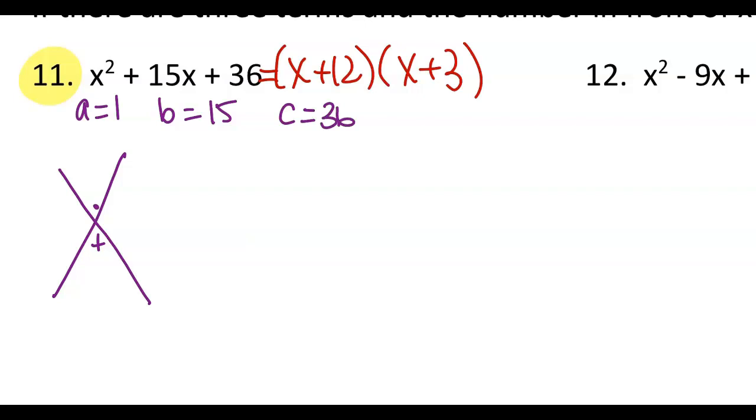So I need to find, in this little X chart, 2 numbers that multiply to the product of A times C, which is just 36, but add up to B. So the B value goes down here. So I need to find 2 numbers that exist, whole numbers, not fractions, that will multiply to 36 but add up to 15.